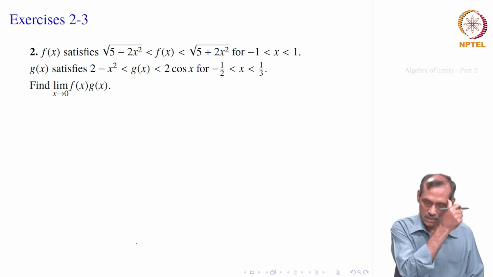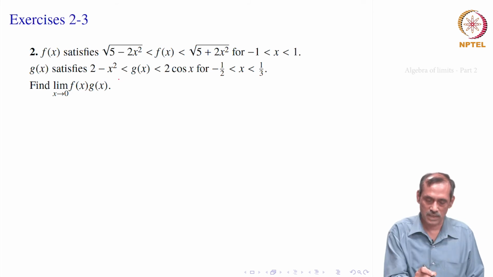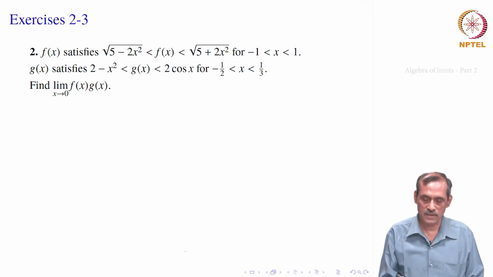Now, g x is another function which satisfies 2 minus x square less than g x less than 2 cos x, but this is in the interval minus half to 1 by 3. So, one is minus 1 to 1, another is minus half to 1 by 3. So, both are defined in minus half to 1 by 3 anyway, and they will satisfy the same inequalities.